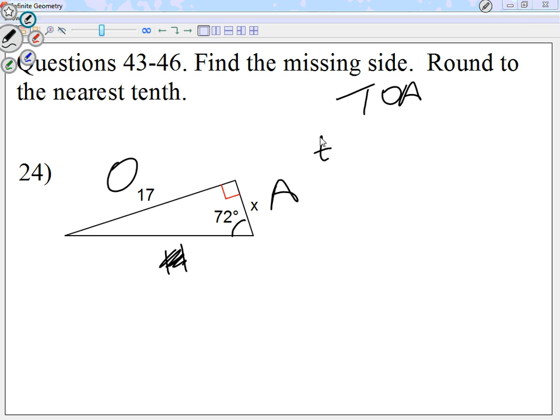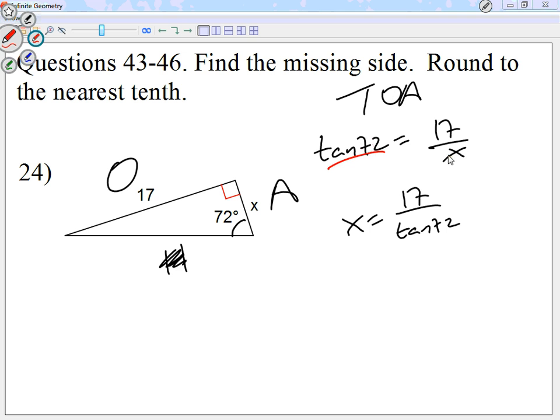So I'm going to say tangent of 72 is equal to 17 over x. If the x was on the top, multiply both sides by 17, we're done. But because the x is on the bottom, I'm going to say that x is equal to 17 over tangent of 72.